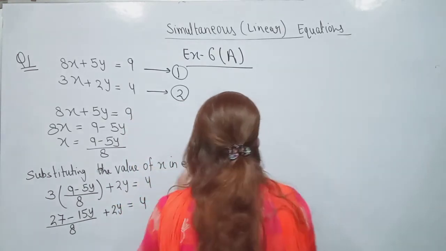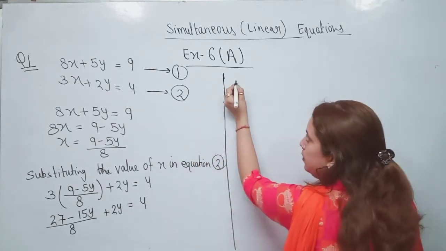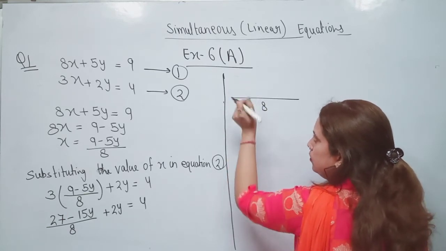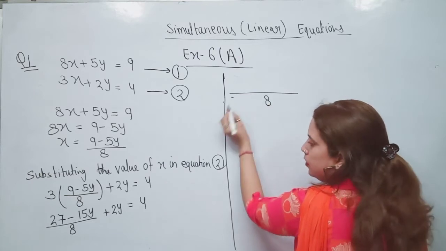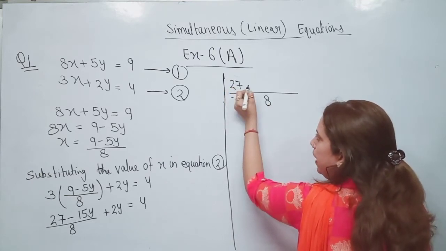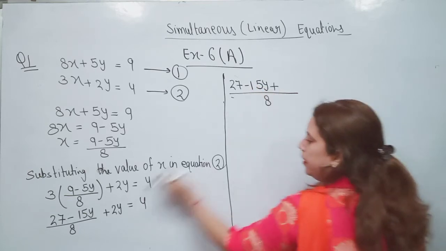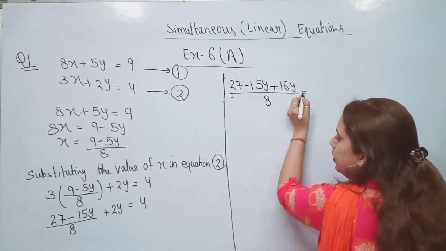Now we will take the LCM. LCM is 8. 27 minus 15y plus 16y is equal to 4.